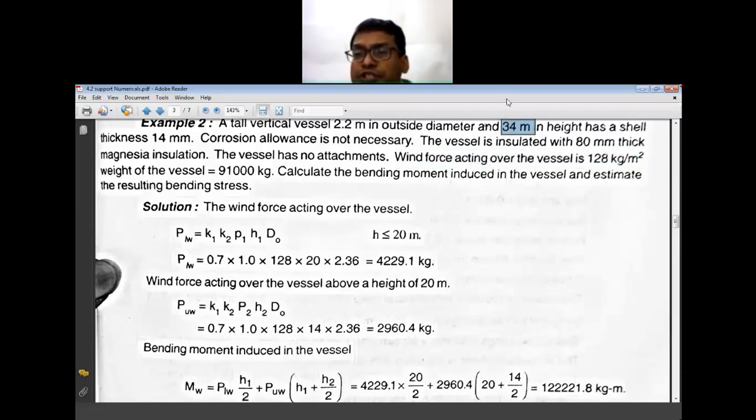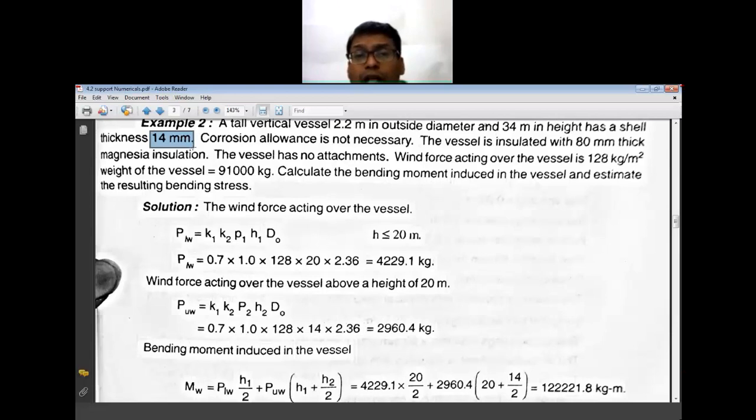That means the wind force is taken as 100 kg per square meter up to a height of 20 meters, and above 20 meters the wind force is taken as 200 kg per square meter. But some changes have been mentioned in this numerical.